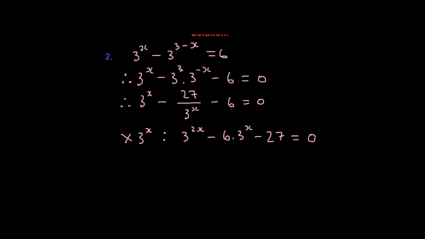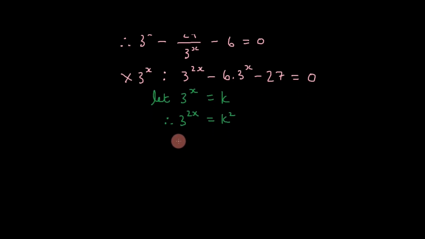Now we have a trinomial, so we can use k substitution. So let 3 to the x equal k. And hence 3 to the 2x will equal k squared. So we have k squared minus 6k minus 27 equals 0.